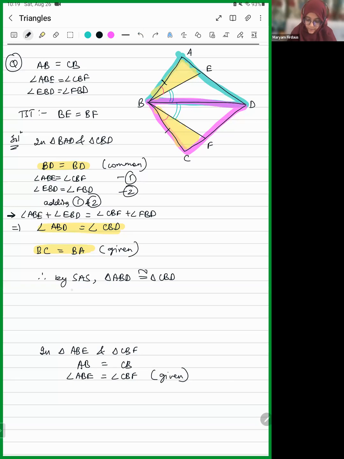So by CPCT, angle BAE is equal to, what am I saying? BAE is equal to BCF, okay? This one is equal to this one.